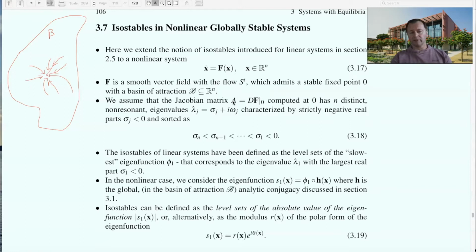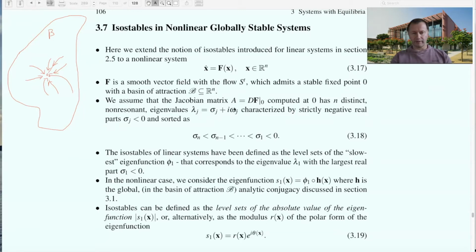We are going to assume that that matrix has n distinct and non-resonant eigenvalues. If a reminder is needed, this is what we introduced when we were studying Poincaré linearization a few lectures ago. And these eigenvalues are going to be labeled by lambda_j as usual.